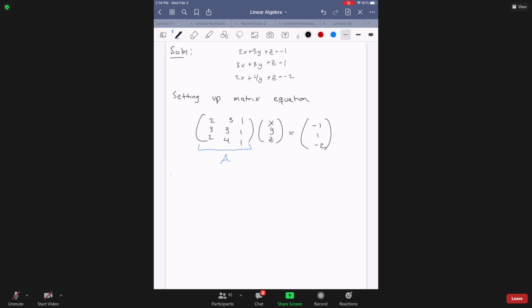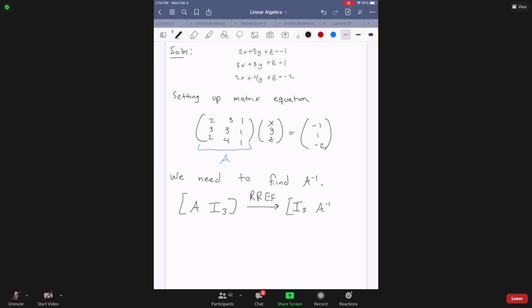So we need to find A inverse now. Remember, all you have to do is take A augmented with the identity, since it's a 3 by 3, and RREF it. If it's invertible, which in this case it is, you get this.